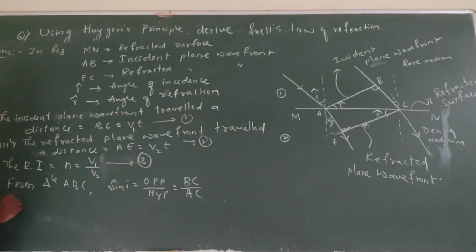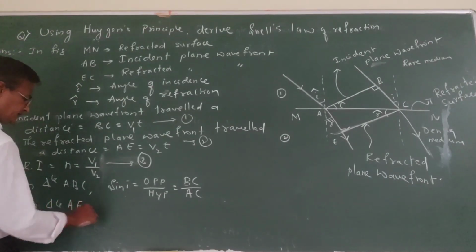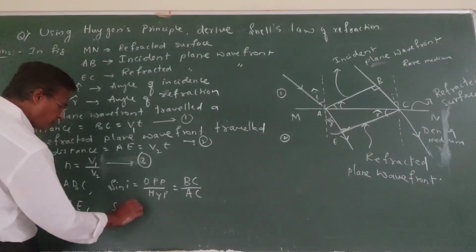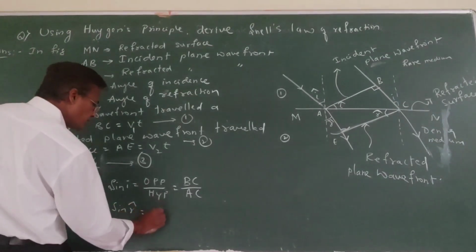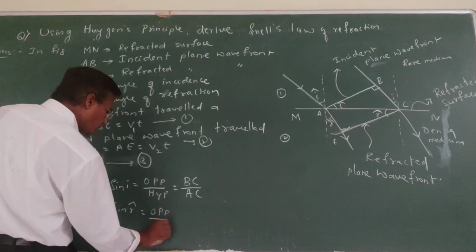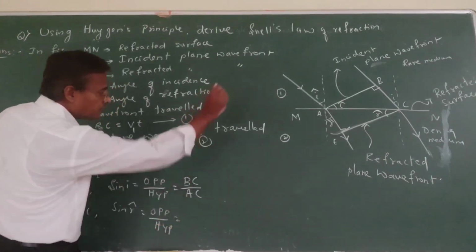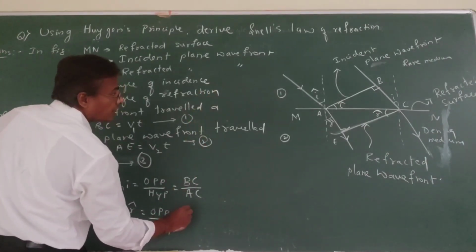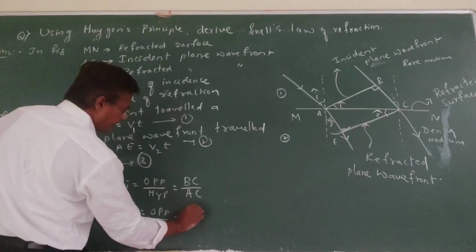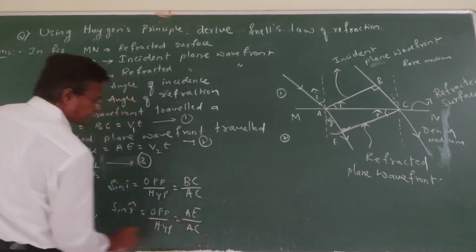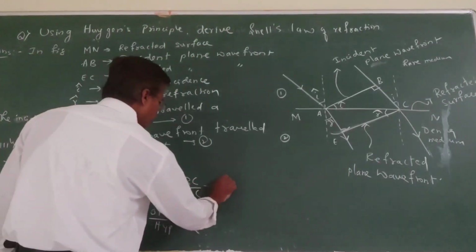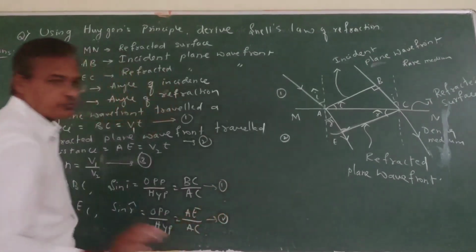So again from triangle AEC, sin R equal to opposite by hypotenuse, which is AE divided by AC. This is equation 2.